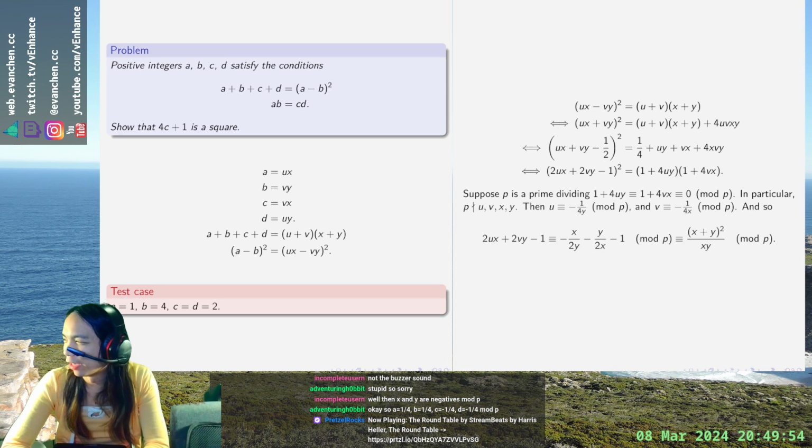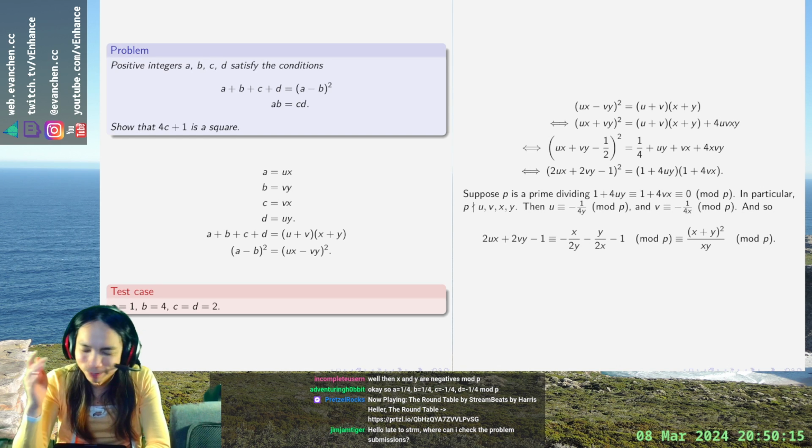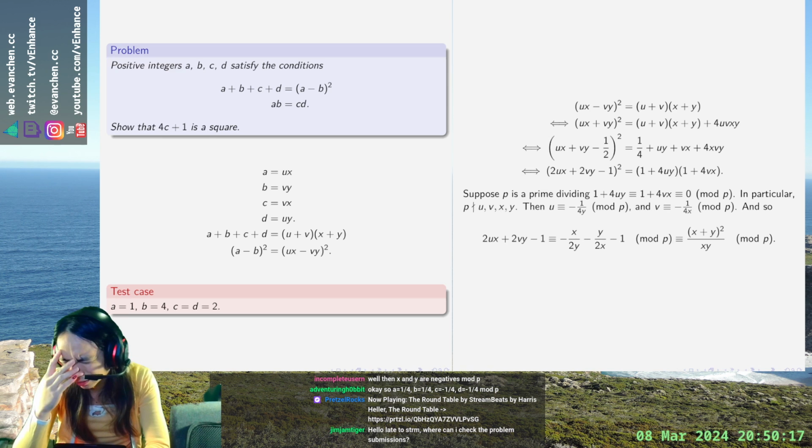What I really want to have happen, honestly, is I want the two squares to have either the same VP or P doesn't divide one of them. That would be good enough. I don't know if that's actually true. Feels like it might not be true. Where can I check the problem submissions? You might have to scroll up a lot. Check, like 10 minutes or so in the live vote.